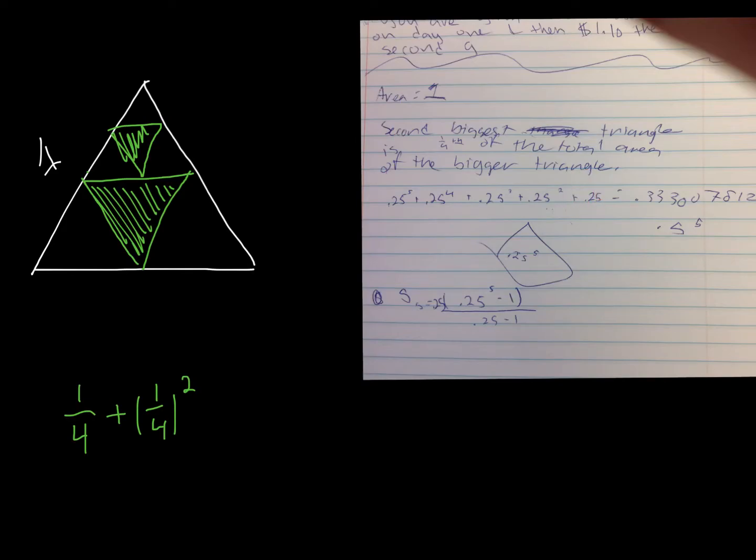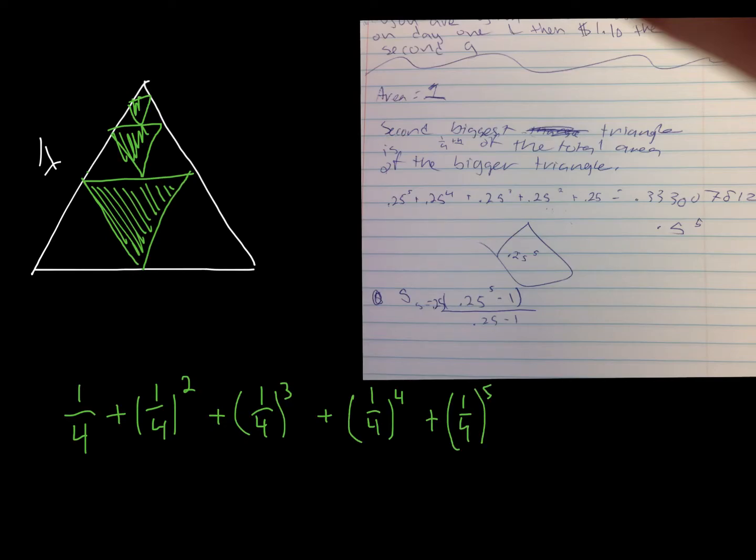The first triangle is 1/4 or 0.25. The next one is going to be 0.25 squared. The next one after that is going to be 1/4 of that one, so it'll be 1/4 cubed. There are 5 of them: 1/4 to the 4th, and then the very last one is going to be 1/4 to the 5th power.